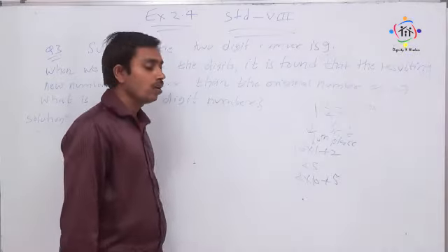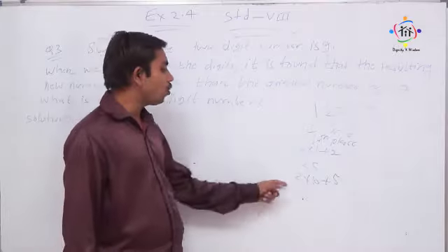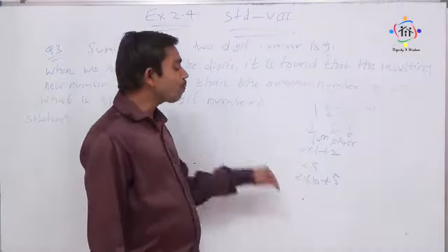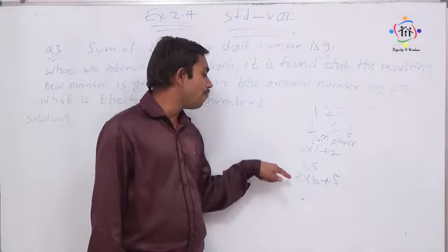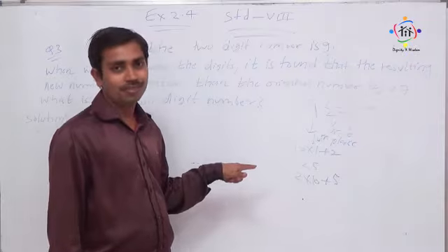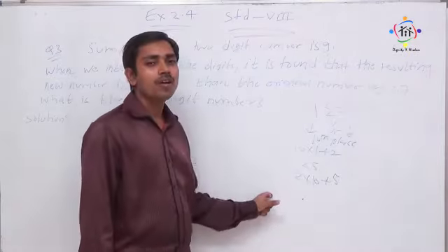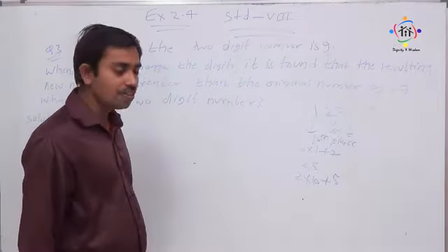So always remember the 10th place digit is always multiplied with 10 in order to get that number. We have to implement this concept to do these sums. Is it clear, my dear students?